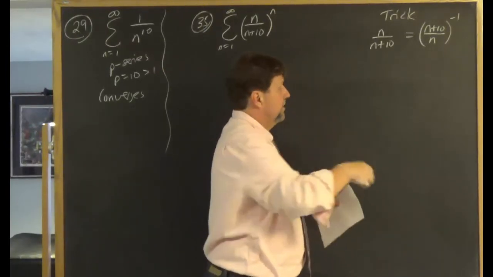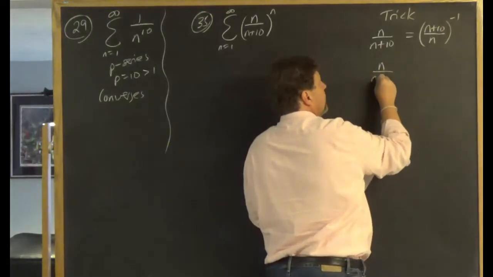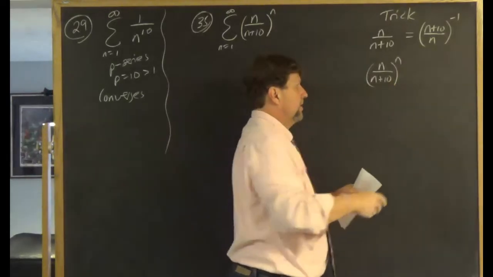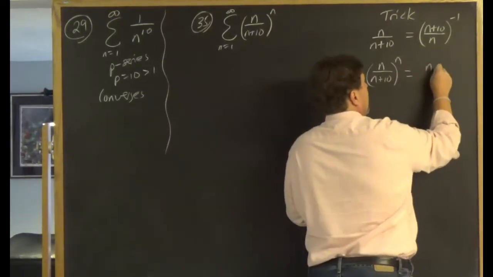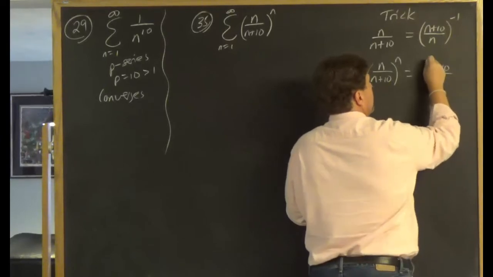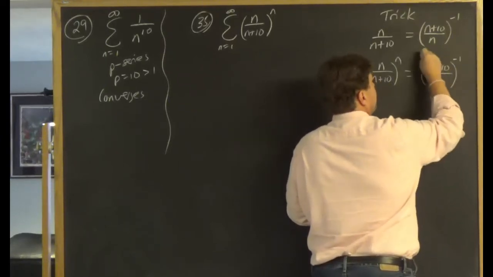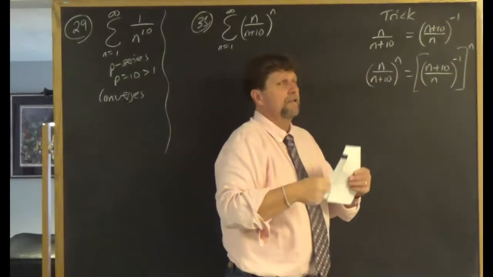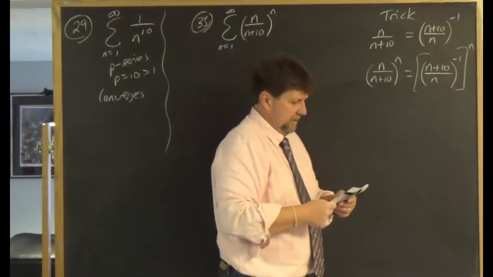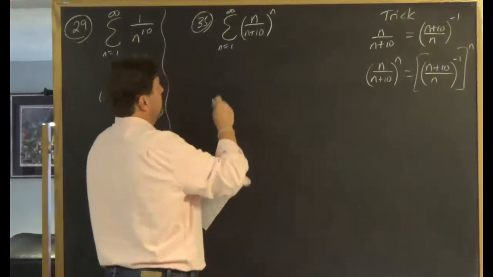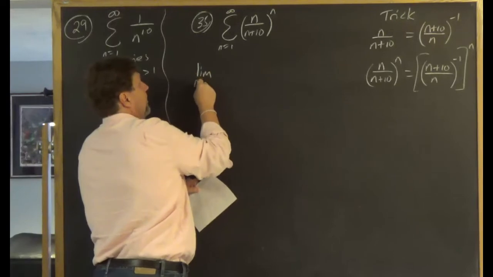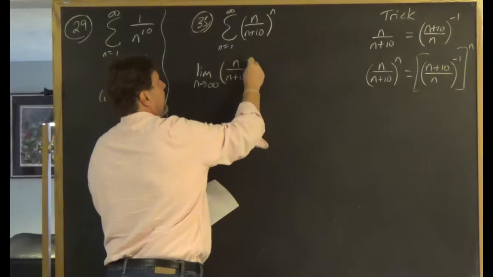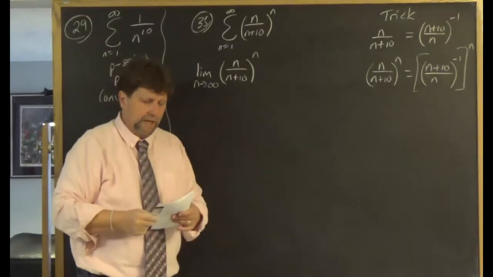Which means n over n plus 10 to the nth power, I can think of that as n plus 10 over n to the negative first, and then all of that raised to the nth power. So look at where that's going to take me. I'm going to try to analyze this limit. I'm basically checking it for the nth term test for divergence.